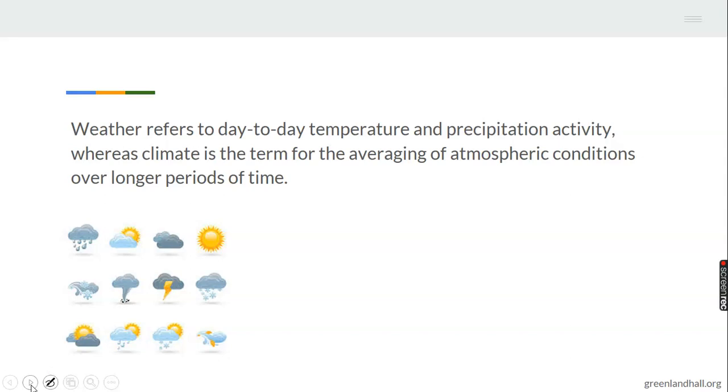That's someone's thought anyway. Someone else will say, the weather is so cool, I love it this way. Because it is a day-to-day temperature and precipitation activity. Like I told you from the previous slide, weather is not permanent. It is something that changes over time. Is that clear?